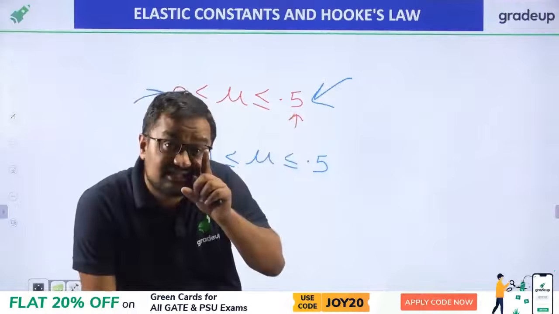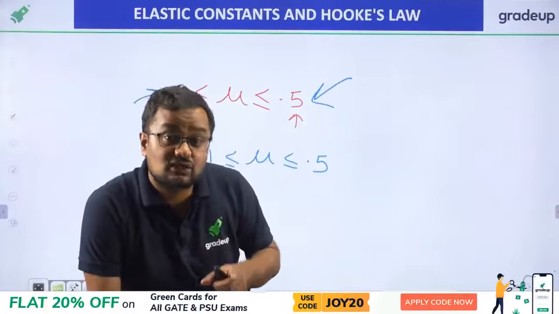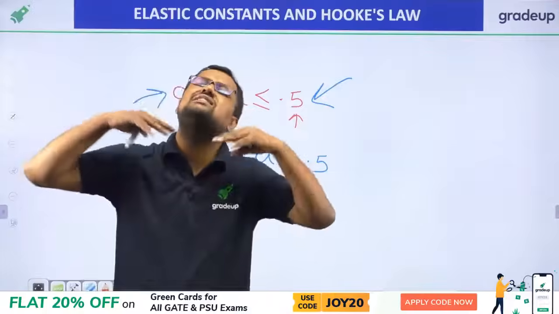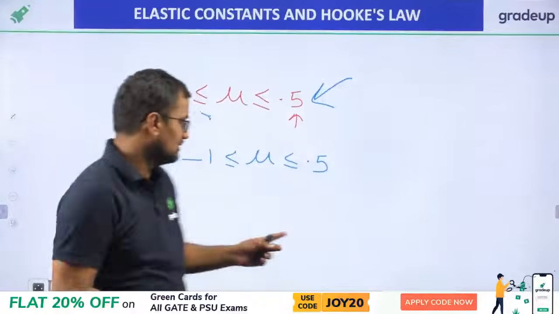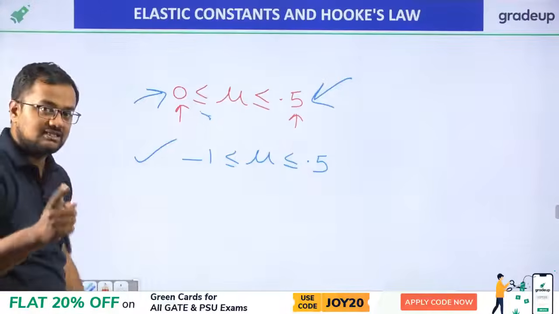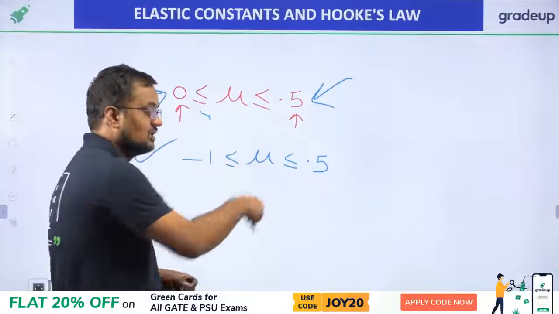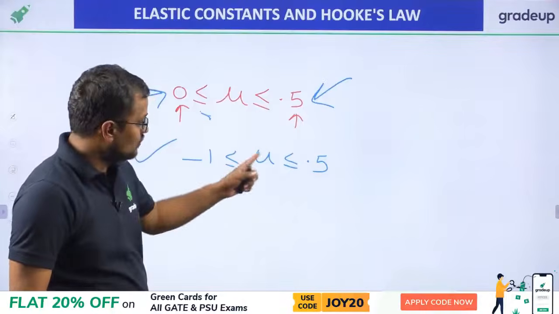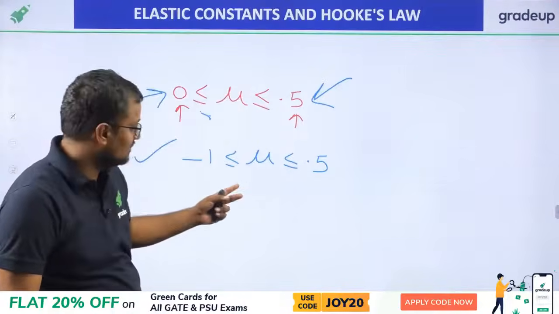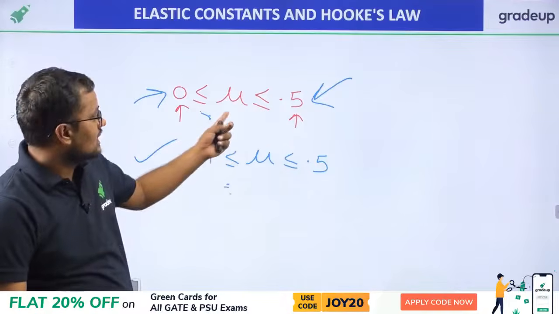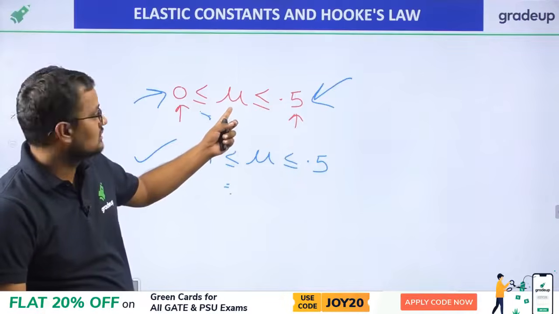But if the question asks for the value of mu for all substances on this earth, then of course the answer will be minus 1 to 0.5. If it is asked for all substances on earth, it is this, and if it is asked for elastic material and metals, it is that.